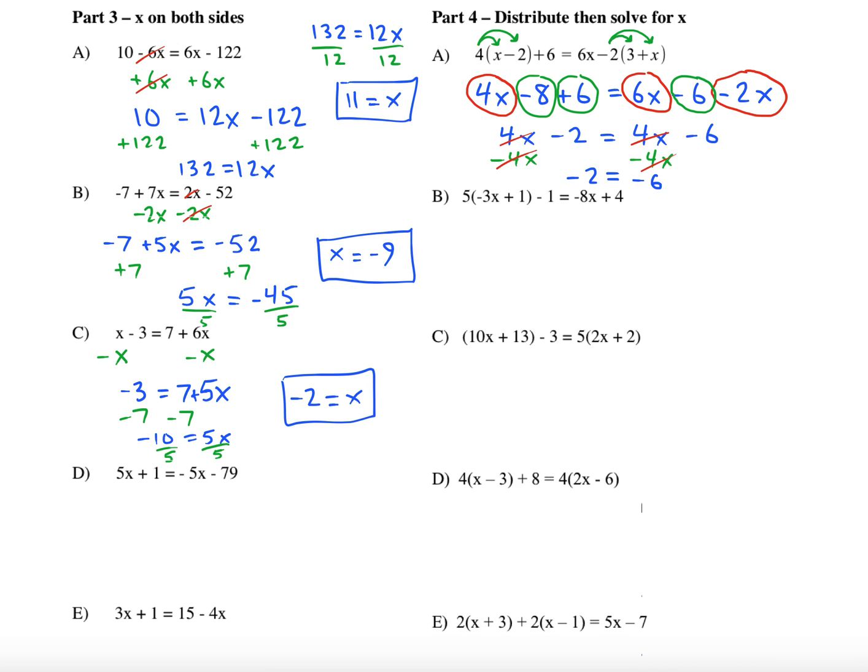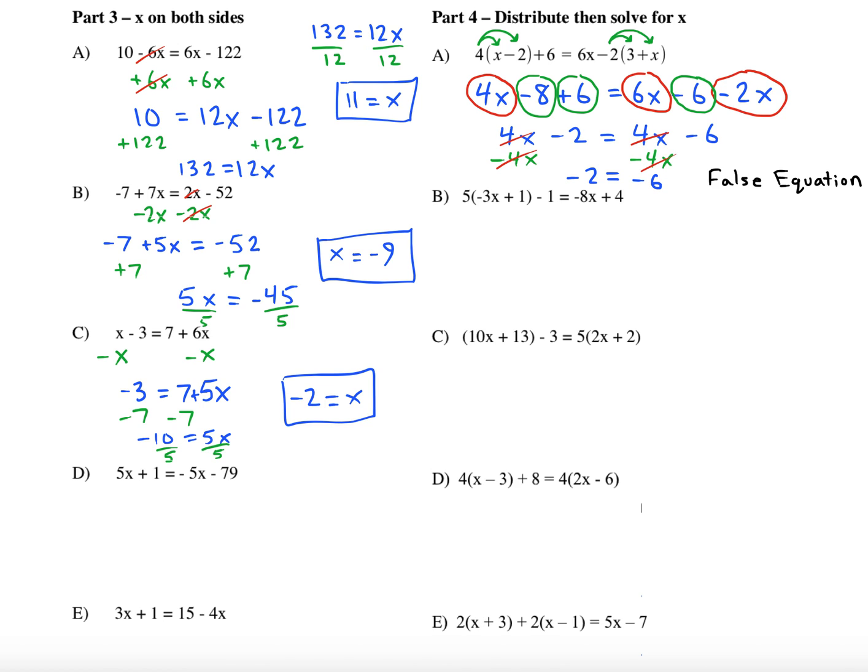All right, now we want to look at our results, which says negative 2 equals negative 6. And we want to ask ourselves, is that a false equation or a true one? And since negative 2 is a different number from negative 6, we see that this is a false equation. And, you know, we were trying to solve for x to get x alone, but now it's like, well, what do we do? We don't have any x's anymore.